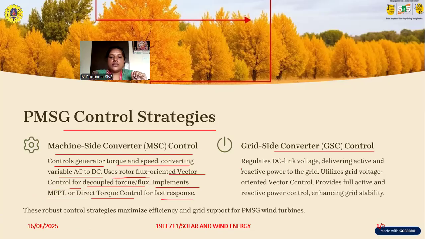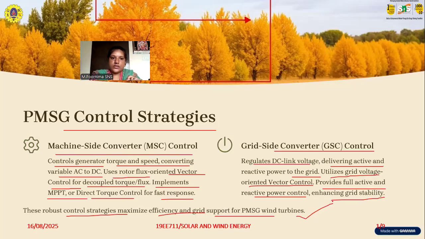Now coming to the grid side control, it regulates the DC link voltage and delivers active and reactive power to the grid. It utilizes grid voltage oriented vector control and provides full active and reactive power control, enhancing grid stability. These are the two main control strategies: one is DFIG control, the next is PMSG control. These robust control strategies maximize efficiency and grid support for PMSG wind turbines.